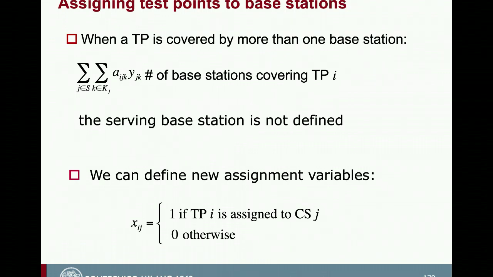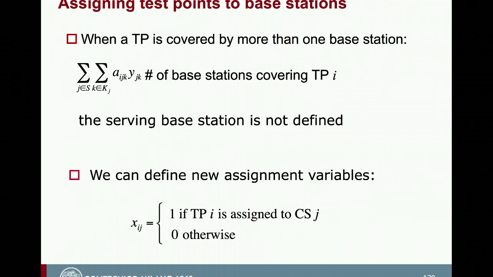But actually, the sum over j and k of a_ijk y_jk is giving us the total number of base stations that are covering test point i. You can easily guess that in most cases, when you install your base stations, at least some of the test points can be covered by more than one base station.